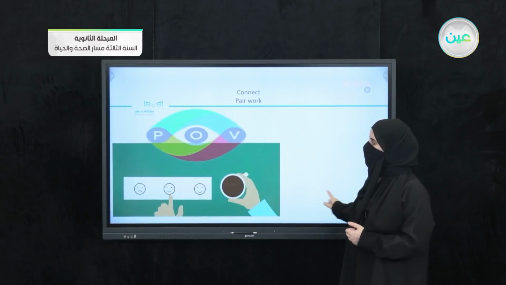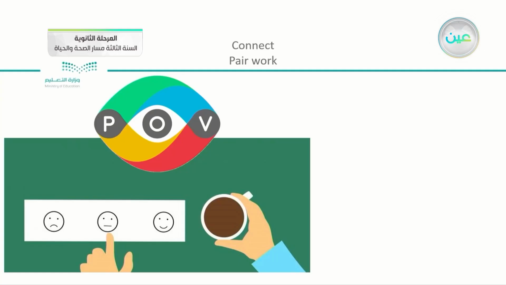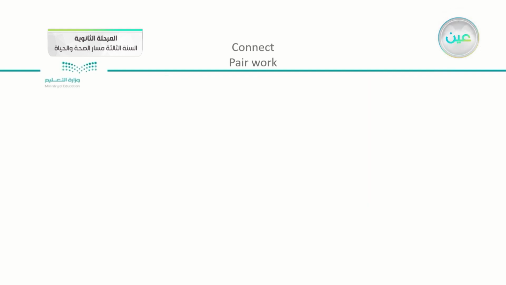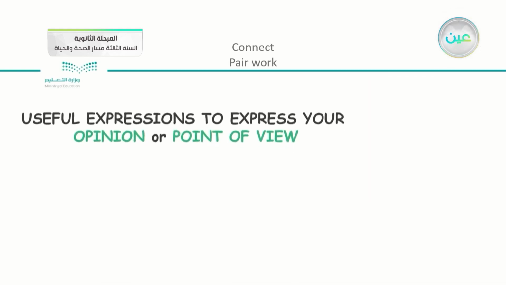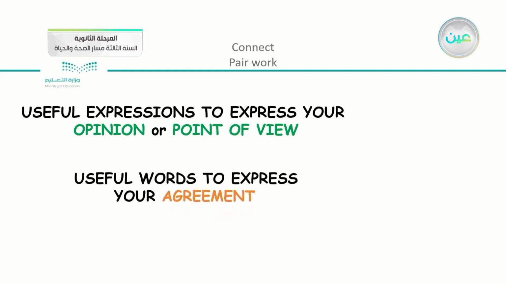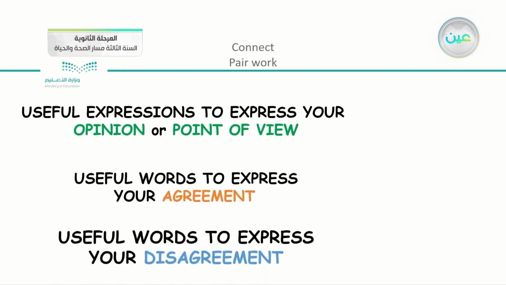We did say that we have opinions, we have points of view, and we have here agreeing and disagreeing. Useful expressions to express your opinion or point of view. Now, what did we mention? There are useful words to express your agreement, and useful words to express your disagreement.